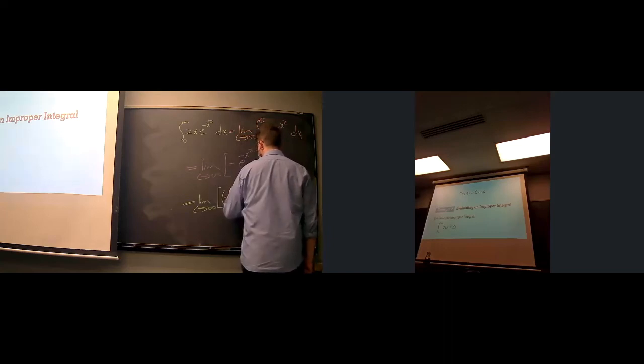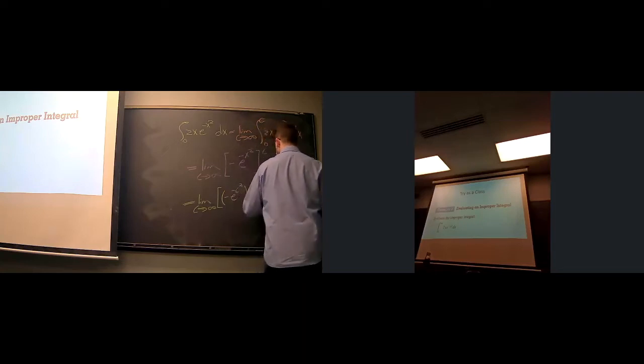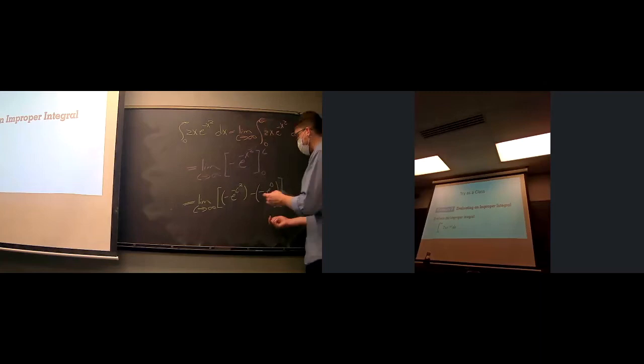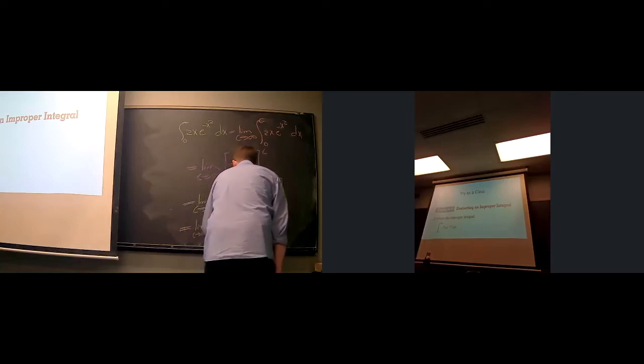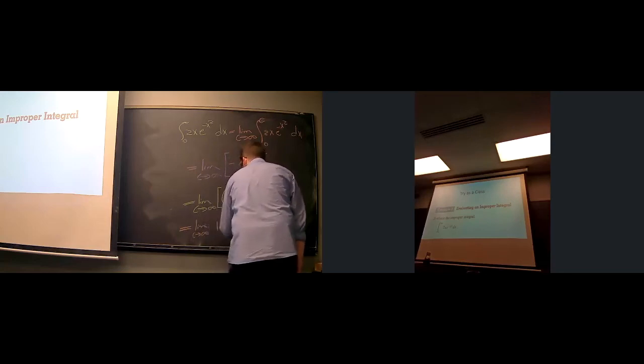E to the negative c, that quantity squared, minus negative e to the 0th power. So this should come out to be the limit as c goes to infinity of 1 minus e to the negative c squared.